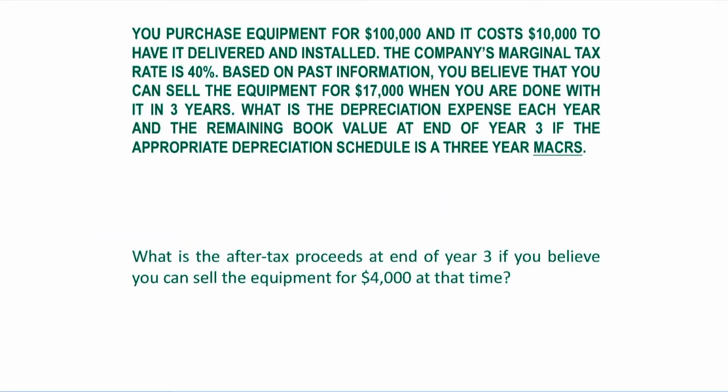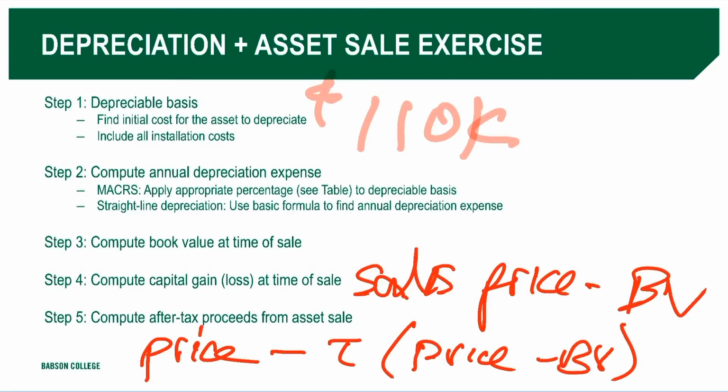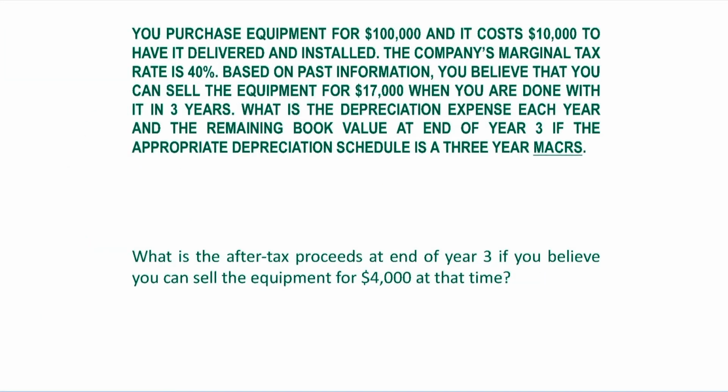Okay. Now, assume that the company's marginal tax rate is 40%. So we're going to use that in order to solve for the last step of the question. This tax rate down here is going to be the 40% rate provided in the question.